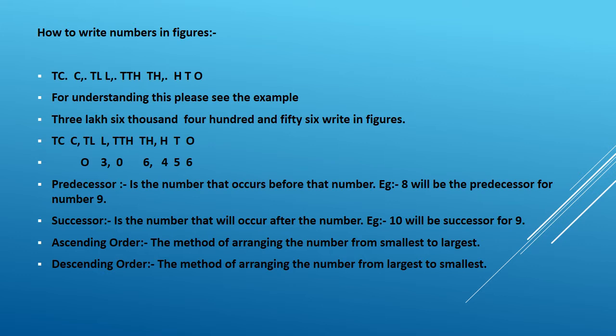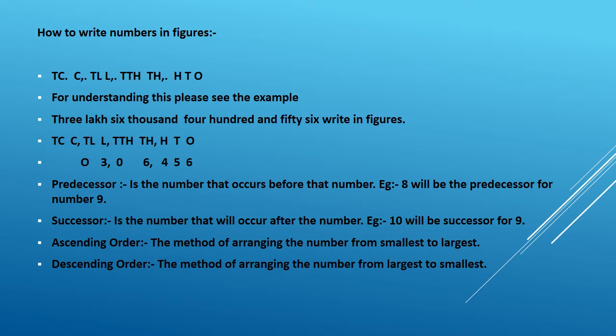3,06,456 write in figures. First of all, write the place value according to periods: ones, tens, hundred, comma, thousand, 10,000, comma, lakh, 10 lakh, comma, crore, 10 crore. For no value at a place, write 0. 3 lakh, you write under lakh place.